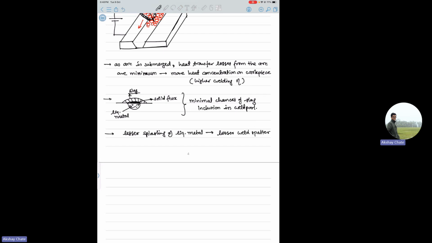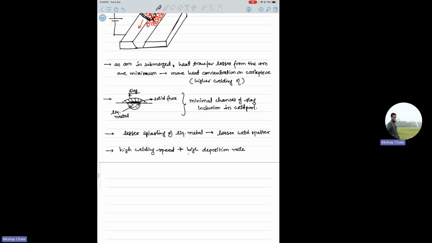Okay, so these are some of the advantages. One more advantage is that high welding speed plus high deposition rates are possible, because here you don't have those limitations.